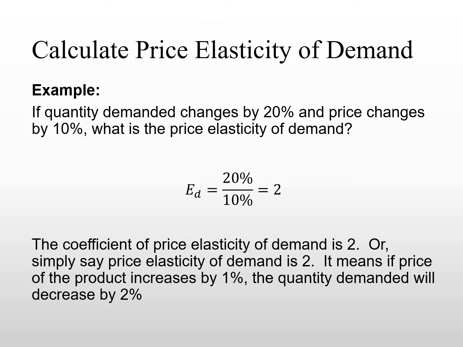For a more accurate explanation, because of the law of demand, when the price of the product increases by 1%, the quantity demand will decrease by 2%, ceteris paribus.